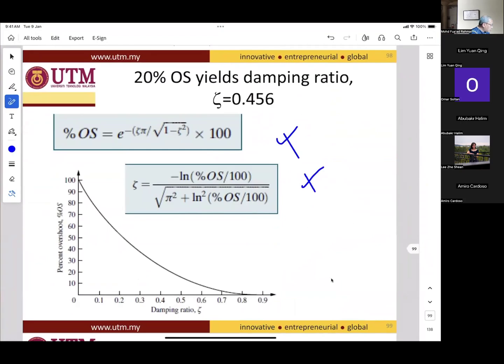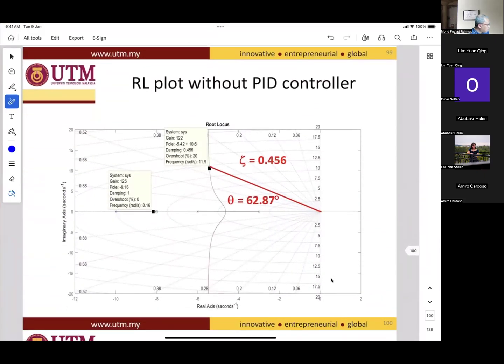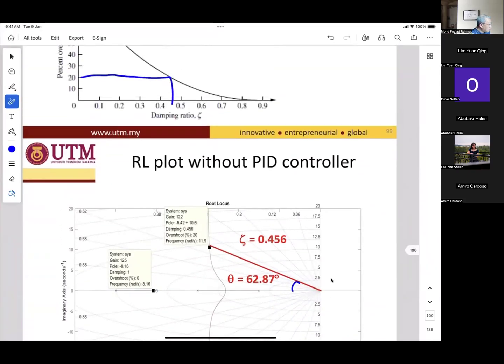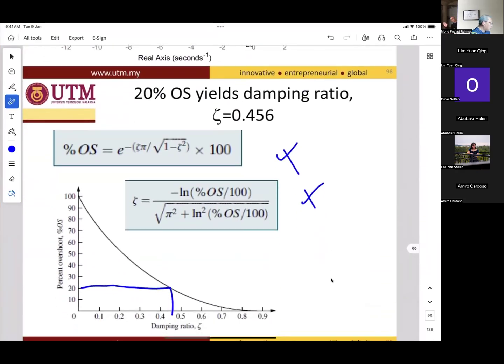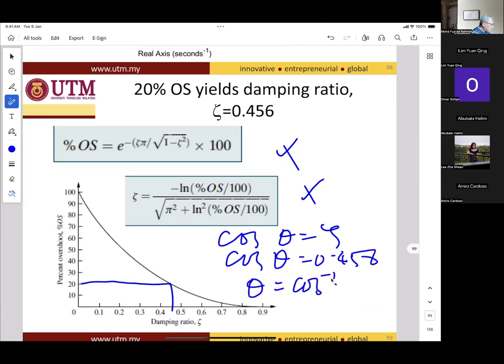So you use the 20%. Use the protractor and draw the zeta line. So the zeta line is cos theta equal to zeta. So cos theta equal to 0.456. Theta is equal to inverse cos 0.456.